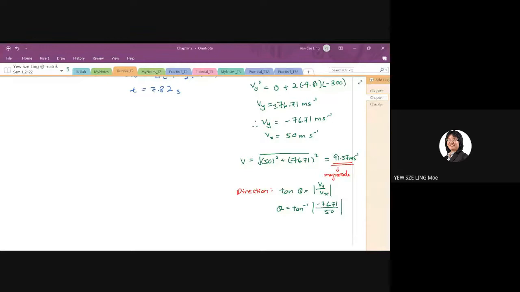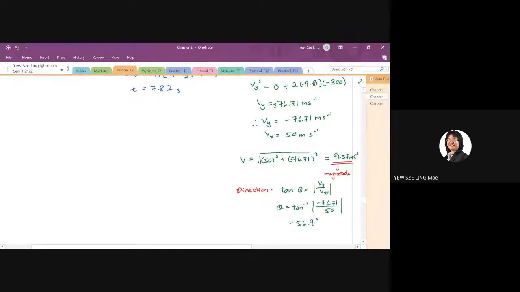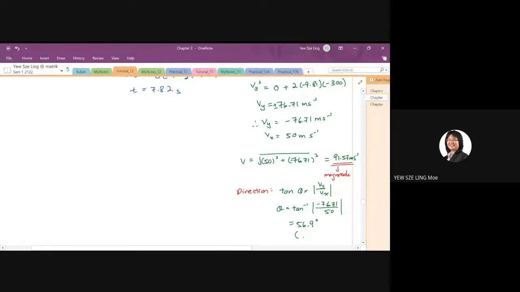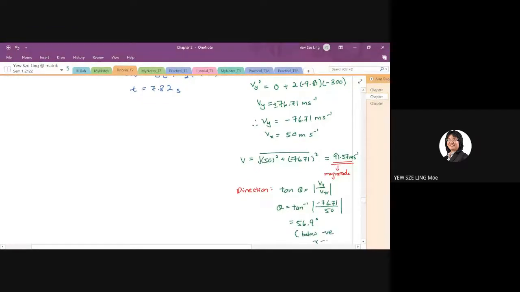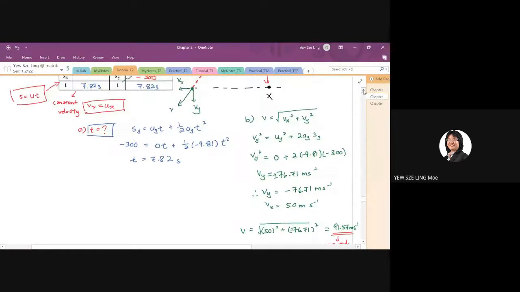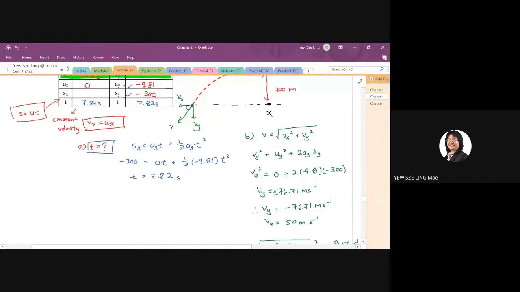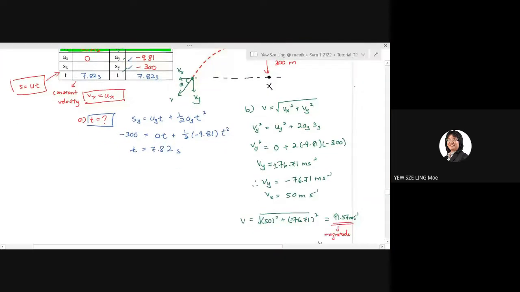And then the angle is 56.9 degrees. So where is this 56.9 degrees? Below the negative x-axis based on my diagram. Based on the diagram, this is our resultant vector, so this is the angle. Okay, so this is how you solve question B.